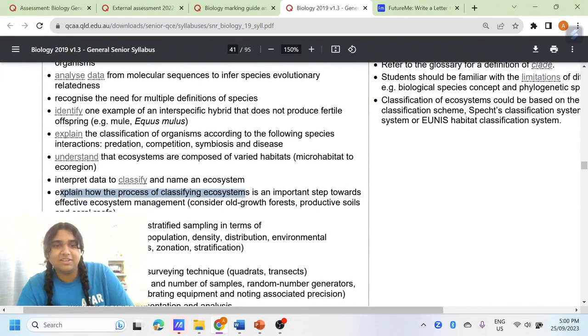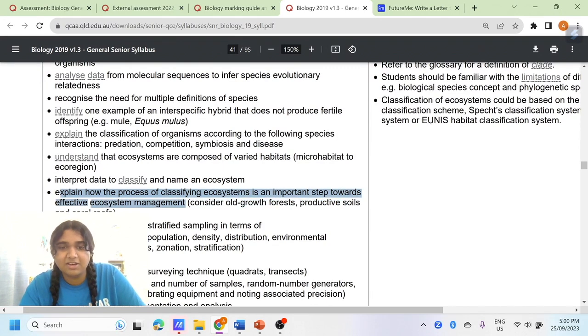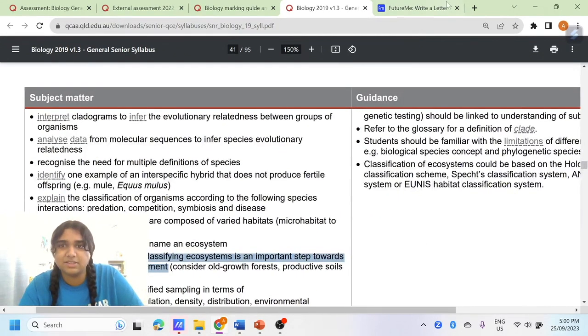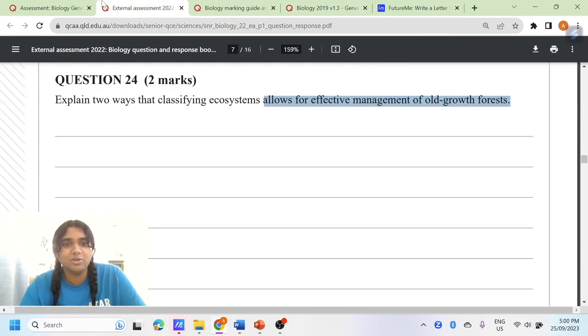Explain how the process of classifying ecosystems is an important step towards ecosystem management. Consider old growth forests, productive soils, and coral reefs. So they've given you three examples that you're expected to know within the syllabus itself, and one of them, lo and behold, came up as an exam question.